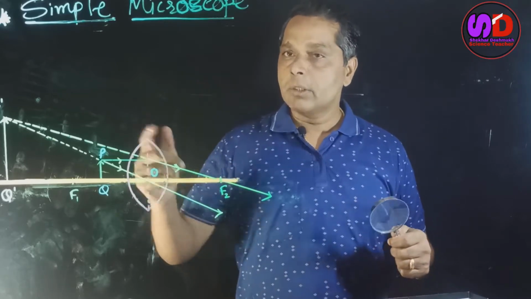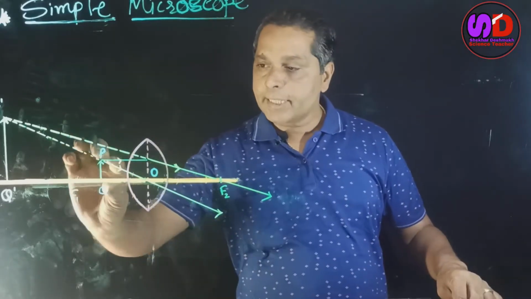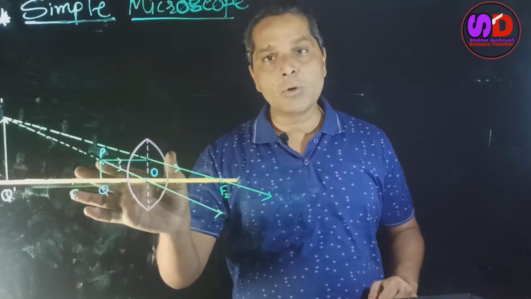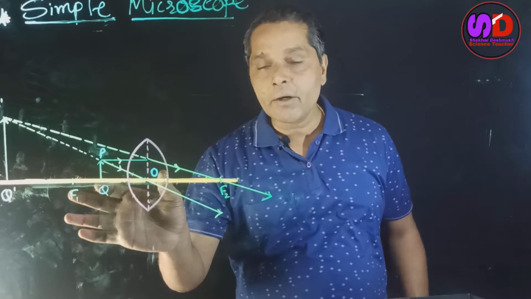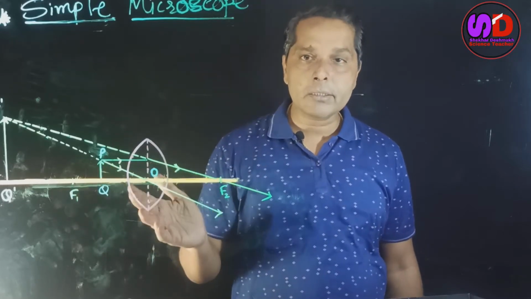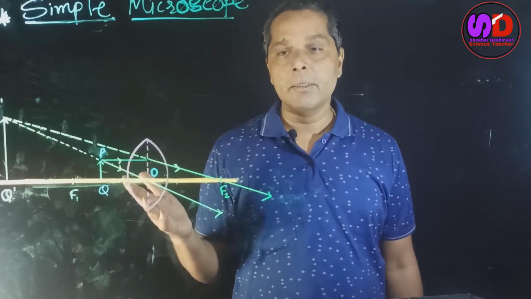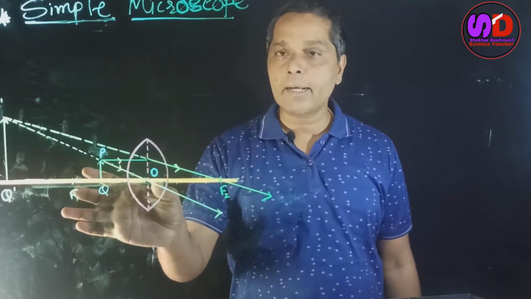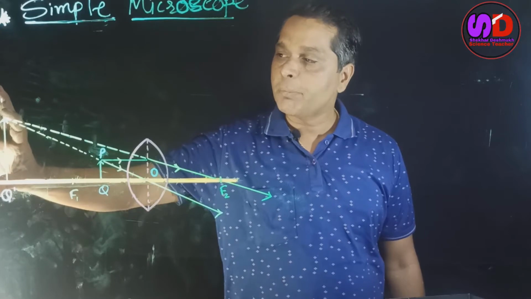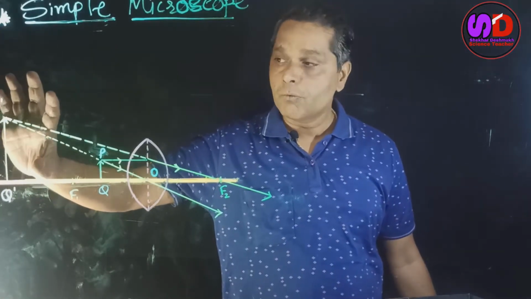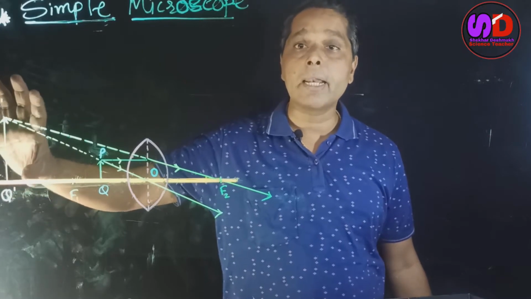See the diagram. We know if the object is placed between focus and optical center O, then definitely we get an erect, enlarged and virtual image of that. In this diagram you can easily see the image P dash Q dash we get here, which is virtual, but we can see the object that much enlarged.